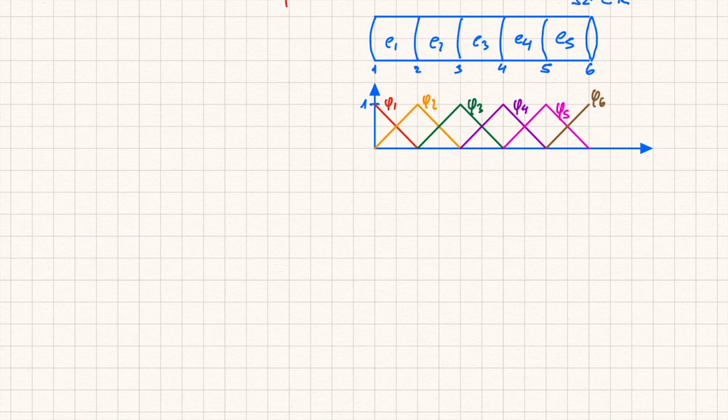They look like a roof, right? So these are piecewise linear polynomials, and there is an expression that you can use to create them.